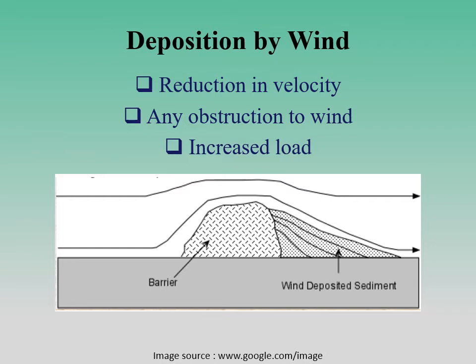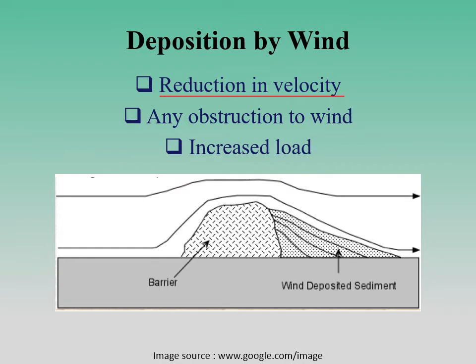It is due to reduction in velocity. That means the moving air loses its kinetic energy, and thereby the moving air is not able to carry the sedimentary particles further in the downwind direction. So due to the reduction of energy, due to the reduction of velocity, the carried sedimentary particles are deposited over the earth's surface.